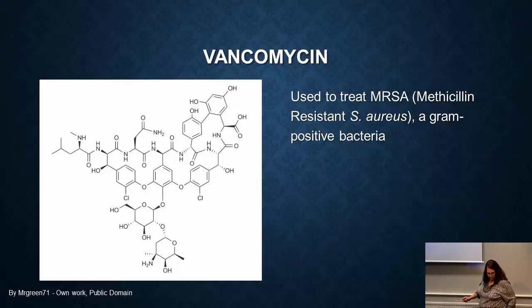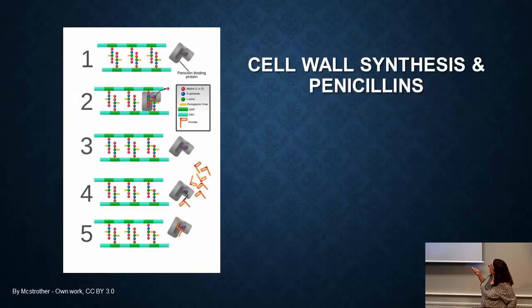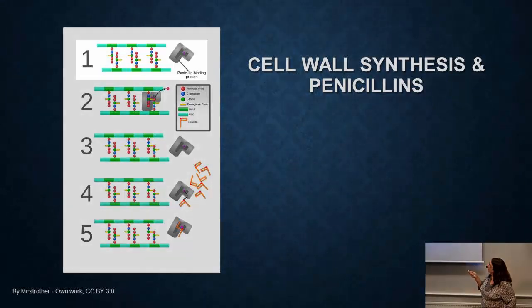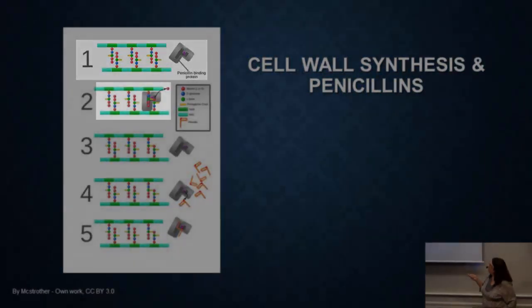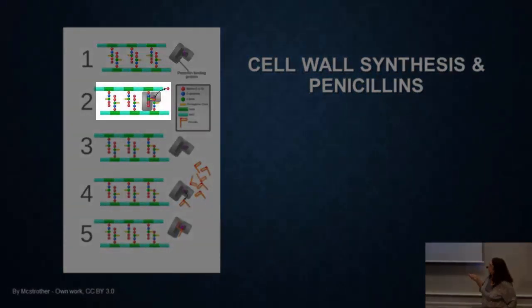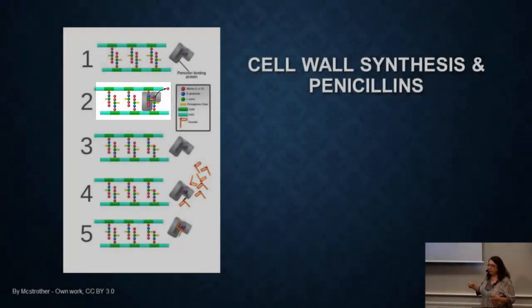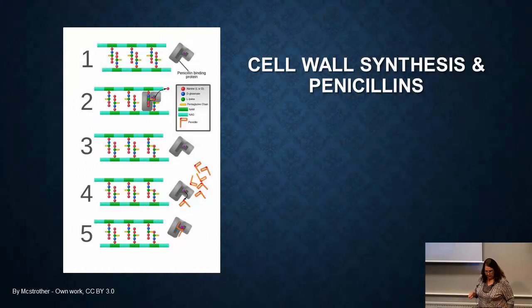I showed this slide last week when I was talking about penicillins, which shows the peptidoglycan here, and these penicillin binding proteins which create cross-links in the peptides coming off the glycan strand. And you need that for strength and keeping the cell wall intact.